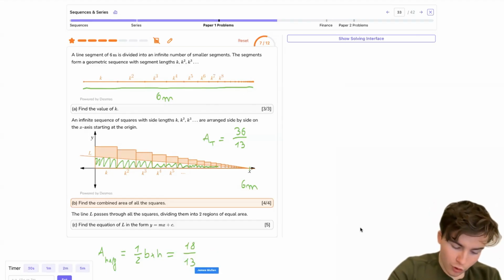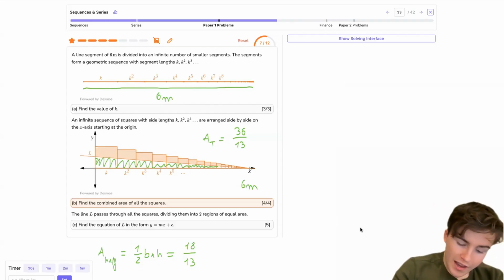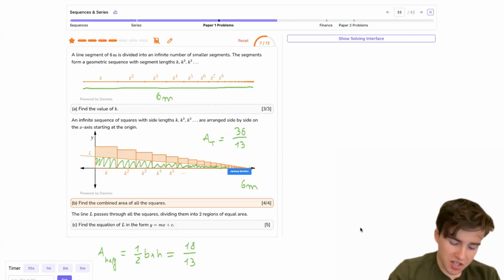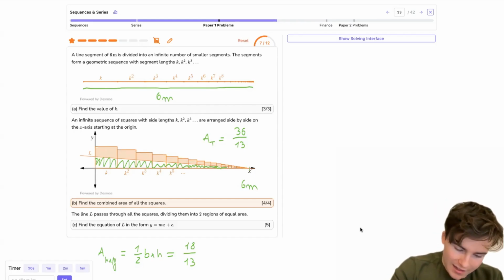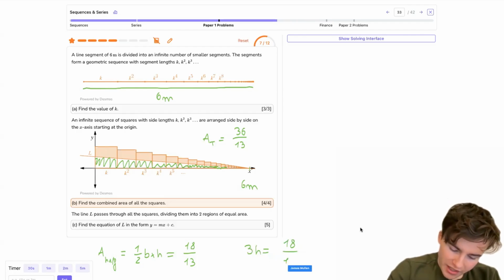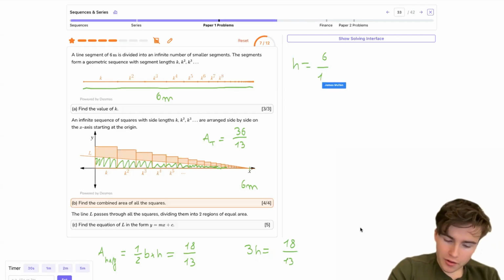All right, so this is just the formula for the area of a triangle. And I know what the base is. I know that the base is 6 because it's given in the question. So half of 6 is 3. 3h is equal to 18 over 13. All right, if I divide both sides by 3, that means that h is equal to 6 over 13.